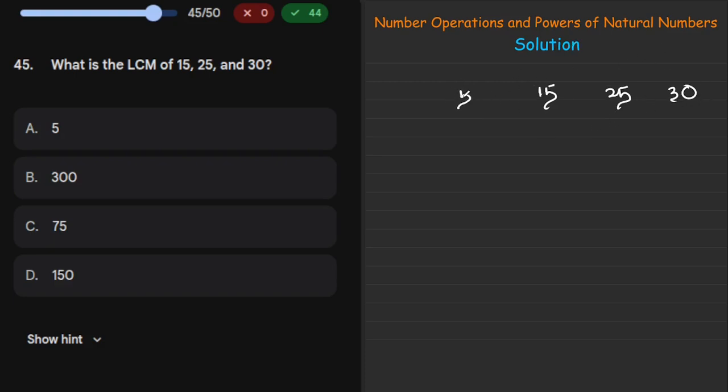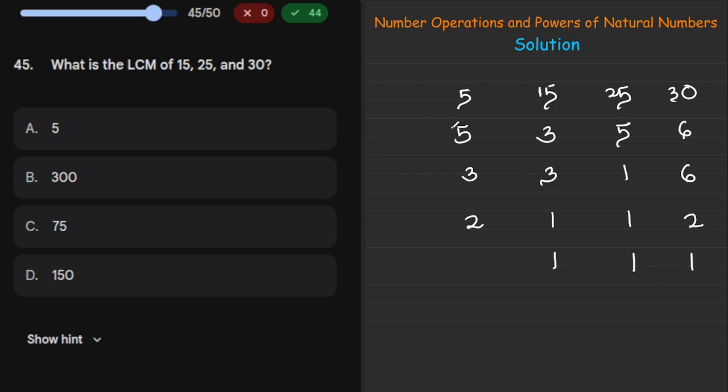We can simply use our 5. 5 divides 15 thrice, and it divides 25 5 times, and it divides 30 6 times. We can still use our 5, and then 5 doesn't divide 3, but it divides 5 once. It doesn't divide 6. We come to our 3. 3 divides 3 once. Then into 6 twice. Then we now come to our 2. These are already ones.